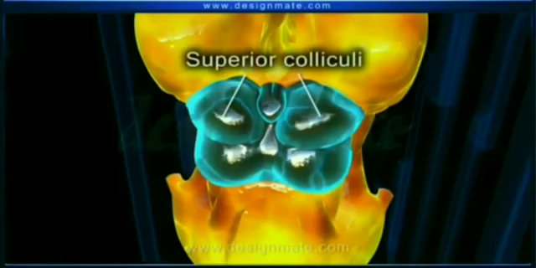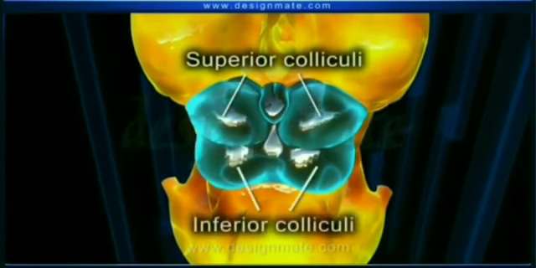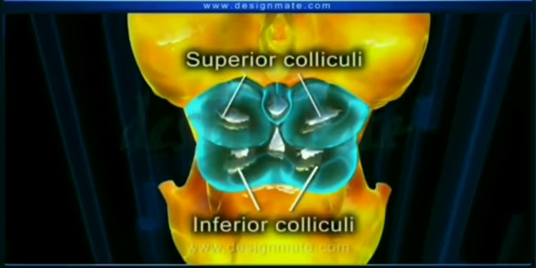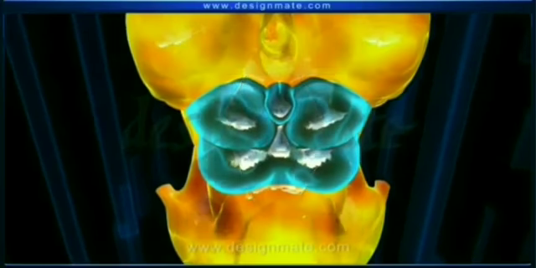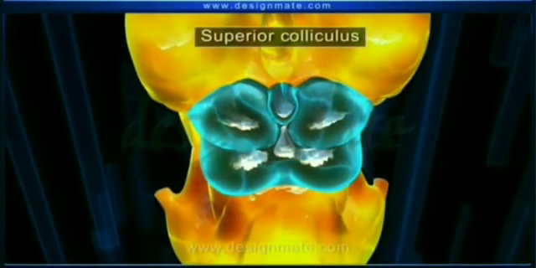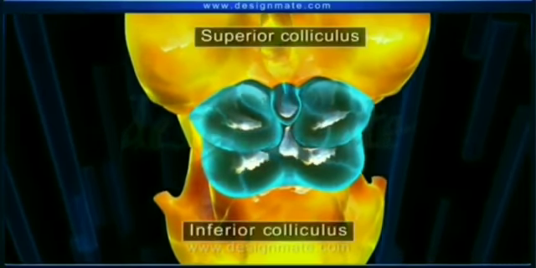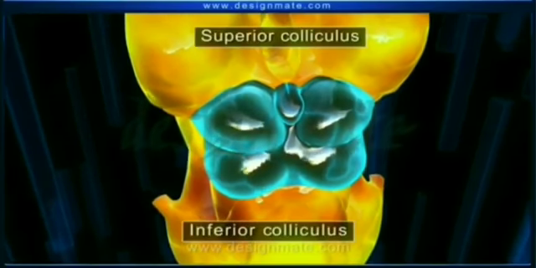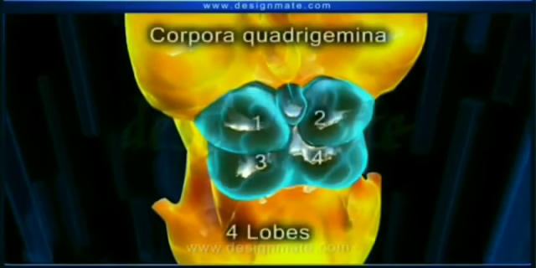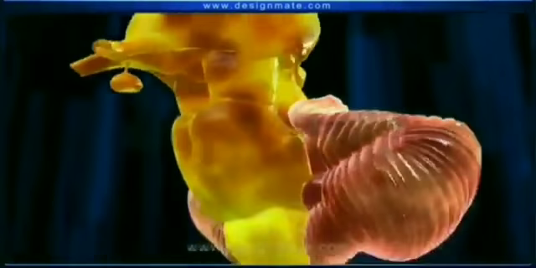The corpora quadrigemina are four rounded elevations on the dorsal surface of the midbrain. Two superior colliculi are involved in visual reflexes and two inferior colliculi are involved in auditory reflexes. So, it consists of four lobes.